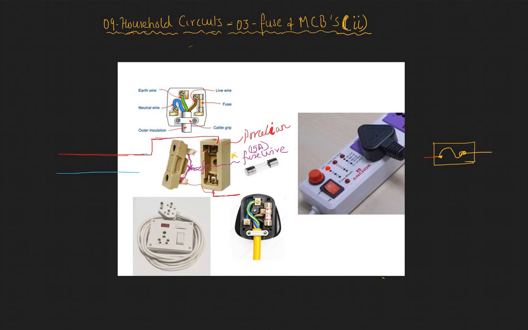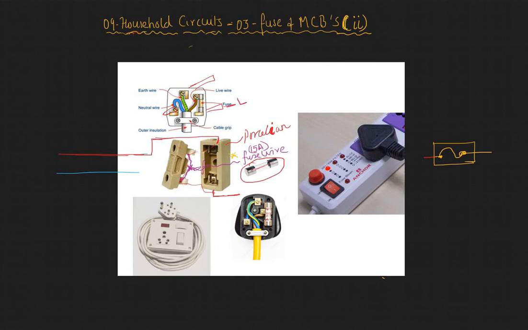So this is one kind of fuse that you will find typically. The other type of fuse that you will find is this one. Here you see this fuse, right? These are typically glass, and in the middle you see there is a wire. So the fuse wire is here, and this is a 3-pin socket. Usually your right pin is live.